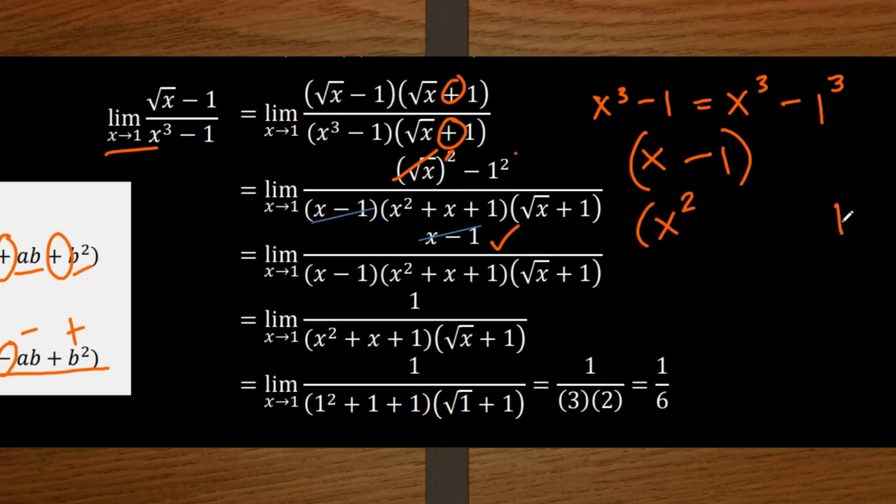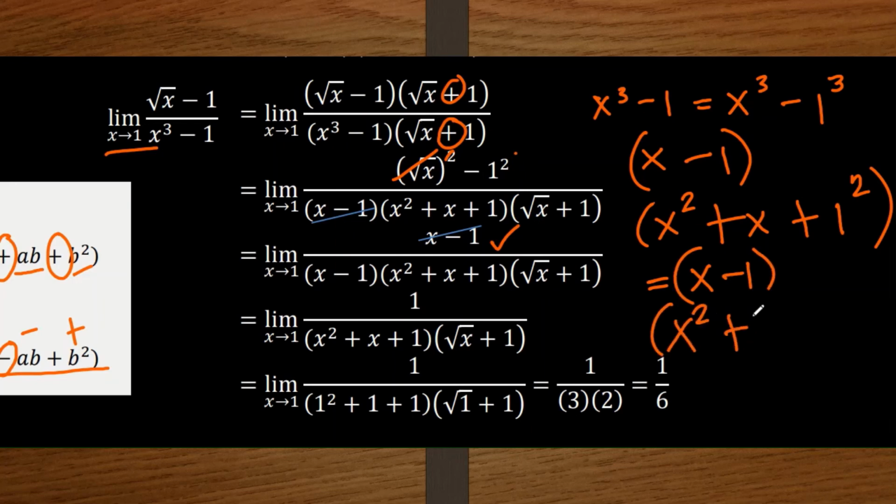Square the last term, which is 1. And get the product of the first and the second terms. 1 times x is x. And since that is subtraction, then the 3 terms must be positive. So that gives us x minus 1 times x squared plus x plus 1.